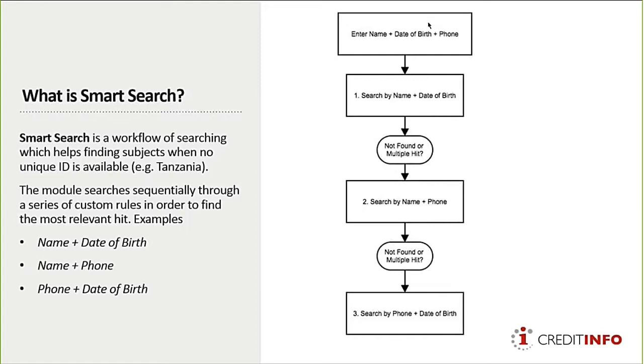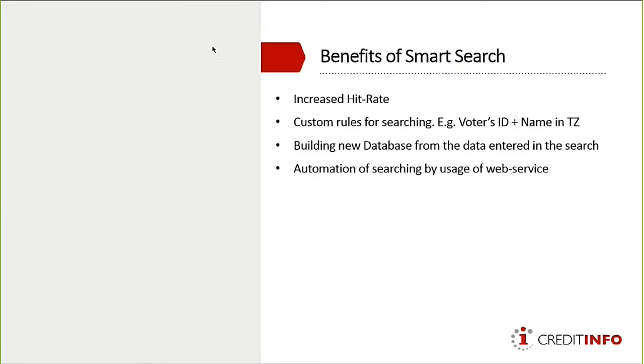Speaking about benefits of the Smart Search, we need to understand that this module gives us a significant increase in hit rate, and through the custom rules we can aim for better results.